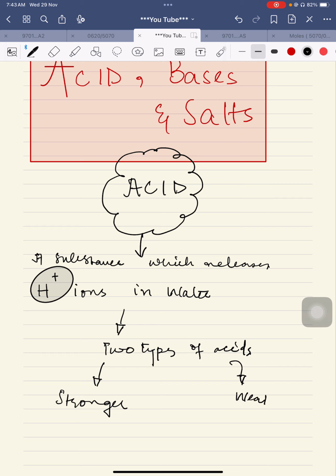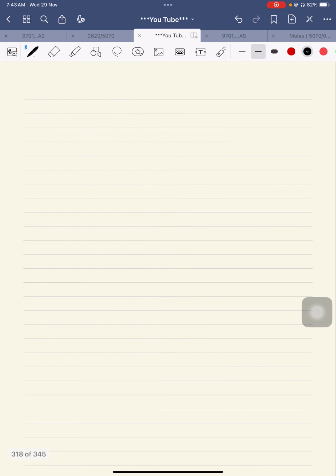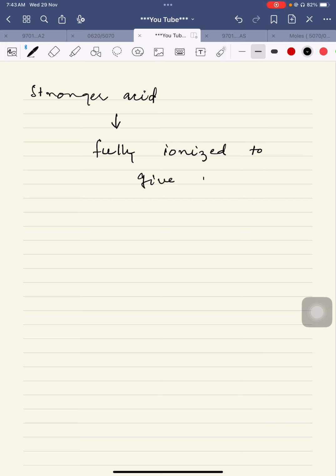On the other page, I would like to give you the definitions. Examiner is asking such types of definitions: define stronger acid, define weaker acid, etc. A stronger acid is that which is fully ionized to give hydrogen ions in water.